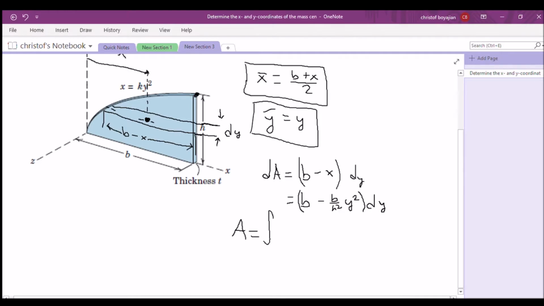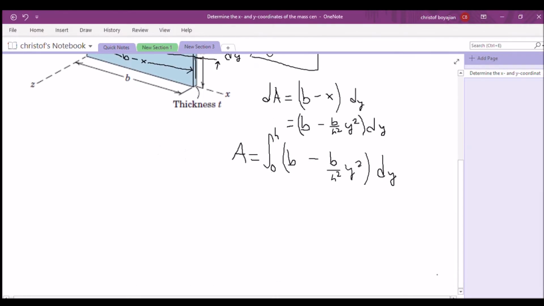So from 0 to h, those are going to be our bounds. It's going to be b minus b over h squared y squared times dy. So our area is taking the integral of dA, all of our little dAs.